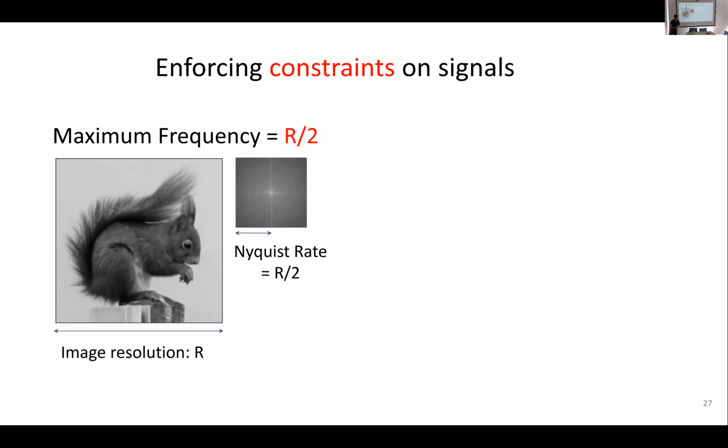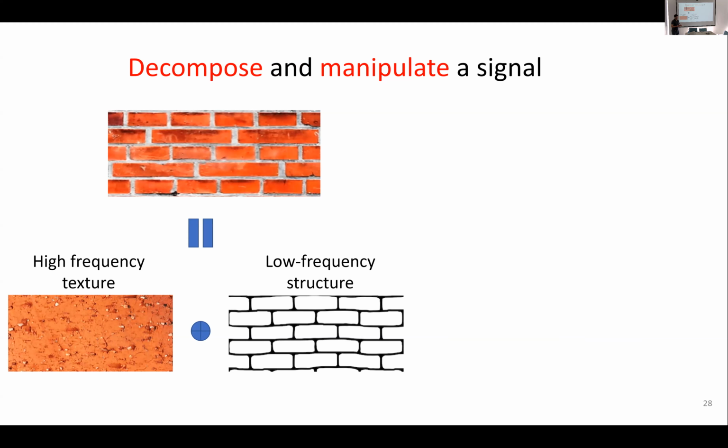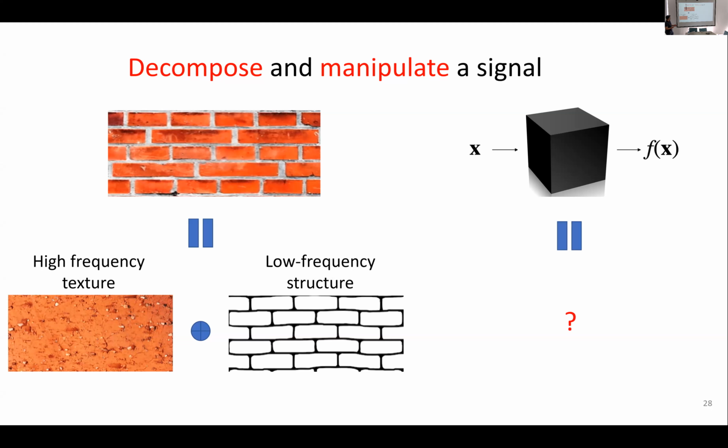If we know that the signal, for example, is band limited by the Nyquist rate to avoid aliasing, then representing it with a black box neural field makes it difficult to do. And second, it is difficult to decompose the signal into different manipulable components. For example, an image can be decomposed into low frequency structure and a high frequency texture. But with black box neural fields, this is difficult to achieve.